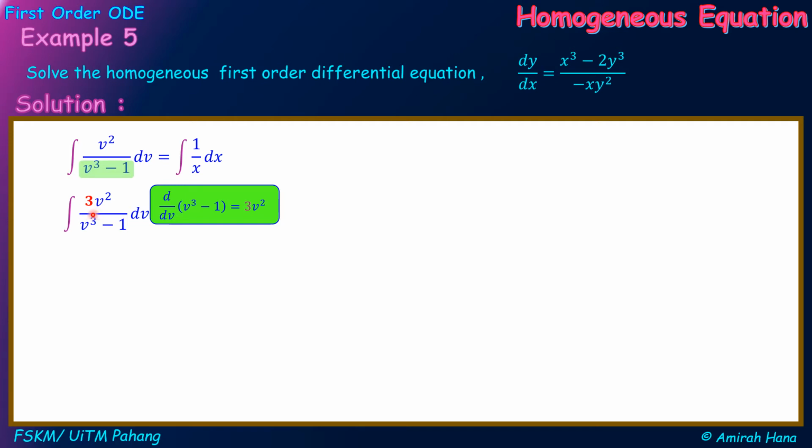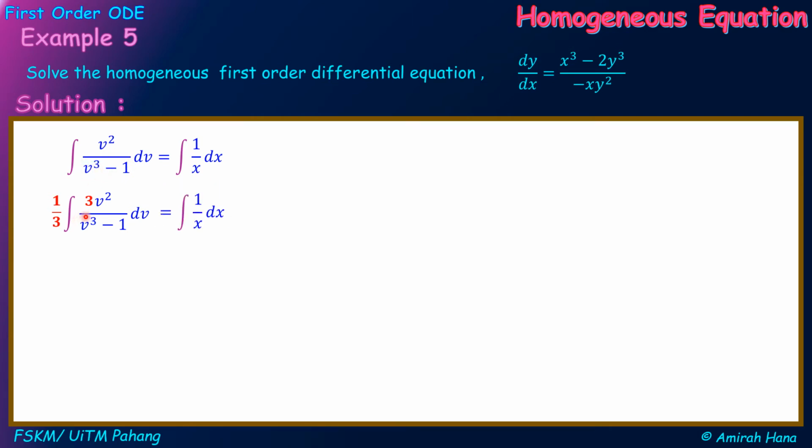Okay, never multiply using a variable. Alright, so after we multiply by 3, okay, we need to multiply back by 1 over 3. So that when we simplify 3 and 3 here, we will get back the original function, right?